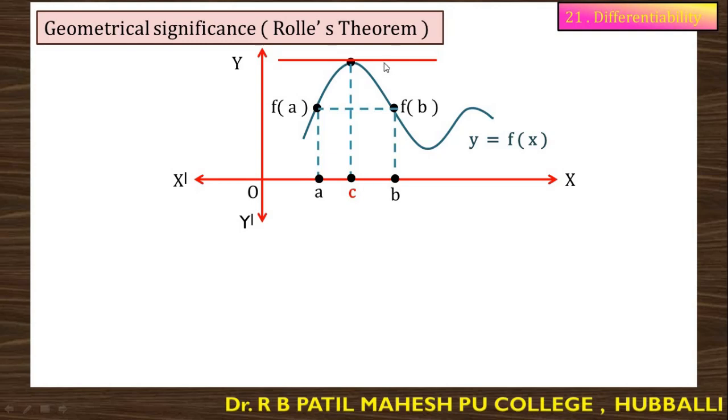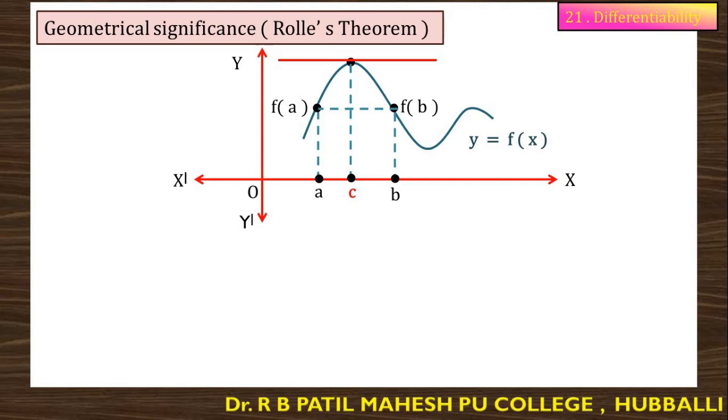Now what is the slope of this tangent? Since it is parallel to the x-axis, the slope of this tangent line is nothing but 0. In the statement, given that f dash of c is 0, and here the tangent slope is 0, which means that the derivative of the function at c is nothing but the slope of the tangent. So this is the geometrical meaning of Rolle's theorem.